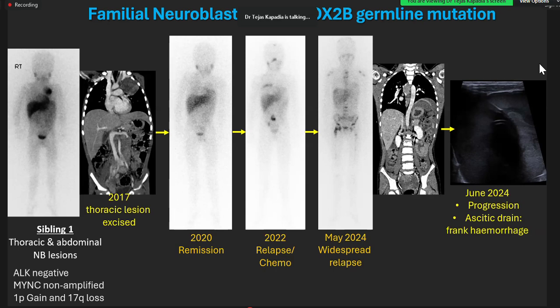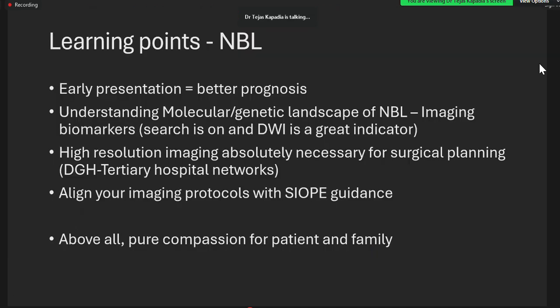So intermittent draining was done, followed by multiple transfusions, but then they had bouts of hematemesis, so they were going into failure overall, and they did not survive the progressive episode. So these were the siblings. The second sibling is doing really well, but the first sibling did not survive.